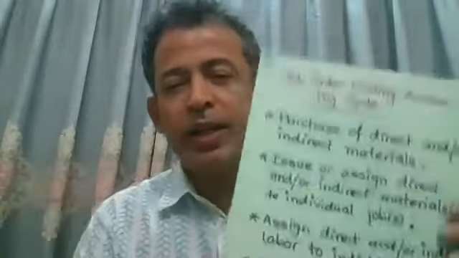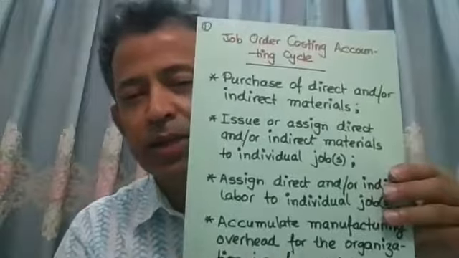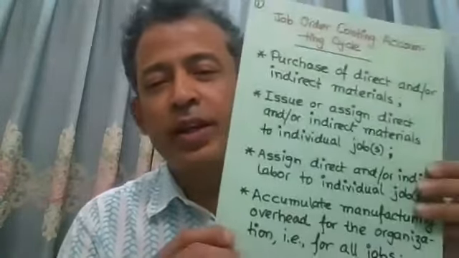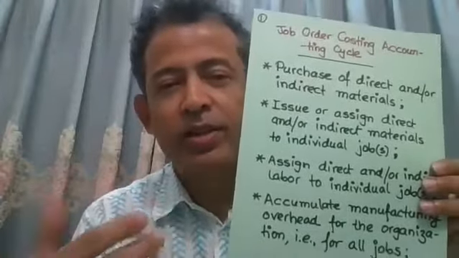So we start with this. The cost flows, you can see these are the elements of what I call the accounting cycle. So I gave it a name, the job cost accounting or job order costing accounting cycle. Like the financial accounting cycle, we prepared a job costing accounting cycle.